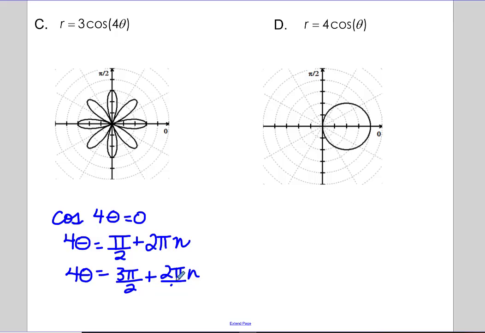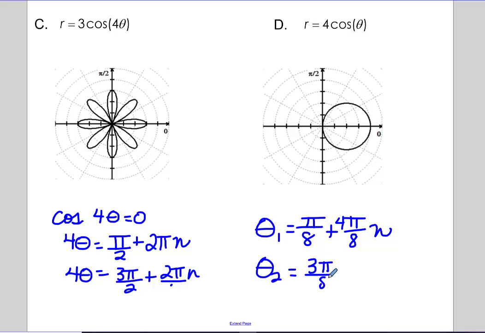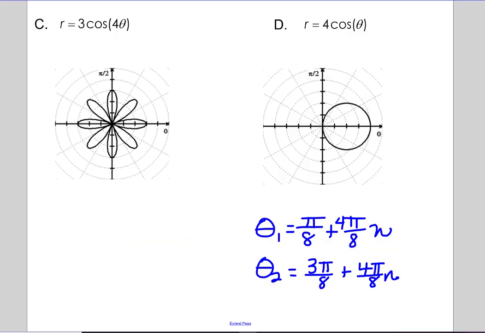And we want to divide each one of these by 4. So our first set of zeros would come from pi over 8, and pi over 2, but I'm going to keep that as 4 pi over 8. And then our second set of zeros would come from 3 pi over 8 and pi over 2. So these would be my two formulas that would track down all of our zeros.